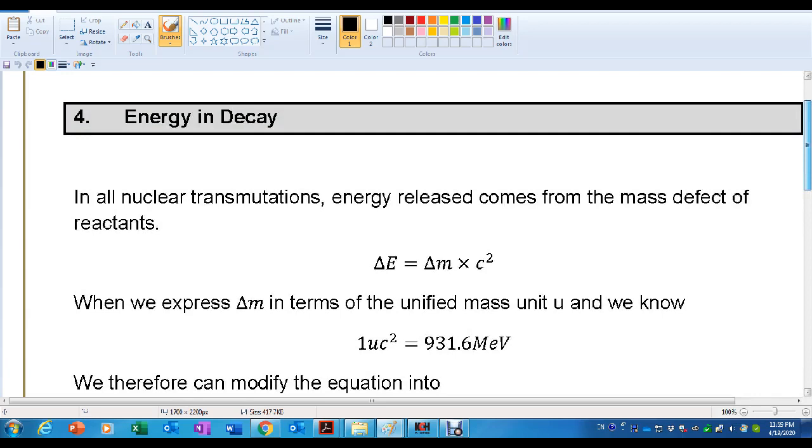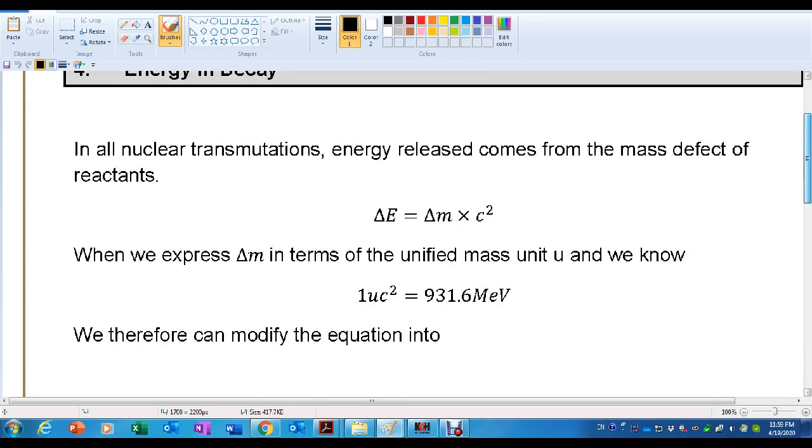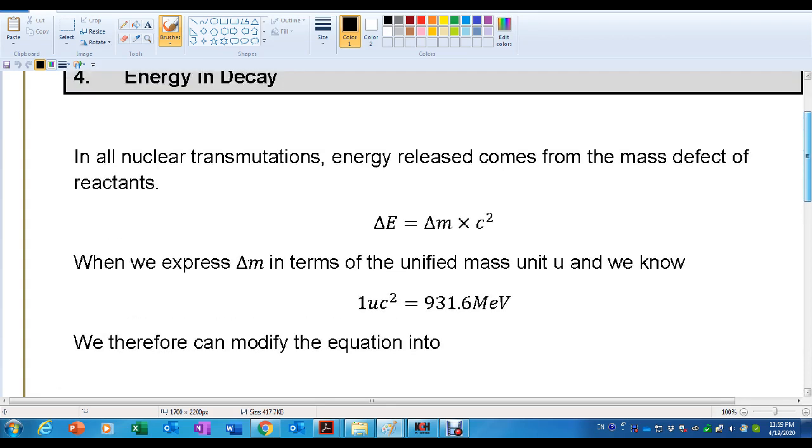We're going to use similar tactics to calculate energy in decay. So remember, in all nuclear transmutations, energy released comes from the mass defect. So you will see mass defect. Okay, and that's energy released is mass defect times c squared.